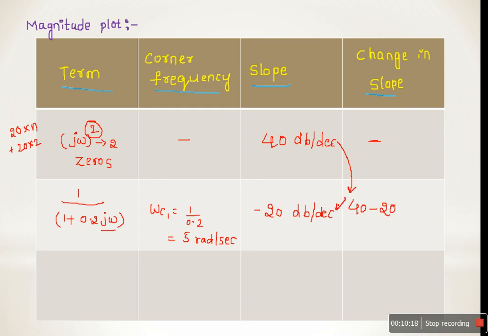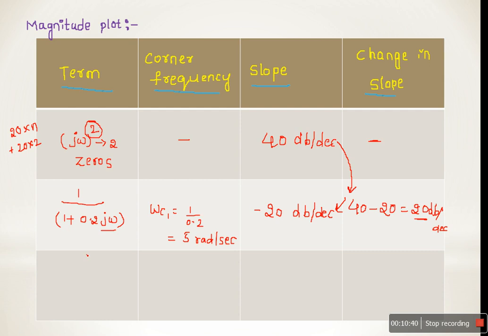So plus 40 minus 20 will become 20 decibels per decade. This is the change in slope. So when you come from plus 40 to minus 20, the slope will be changed by plus 20 decibels per decade.